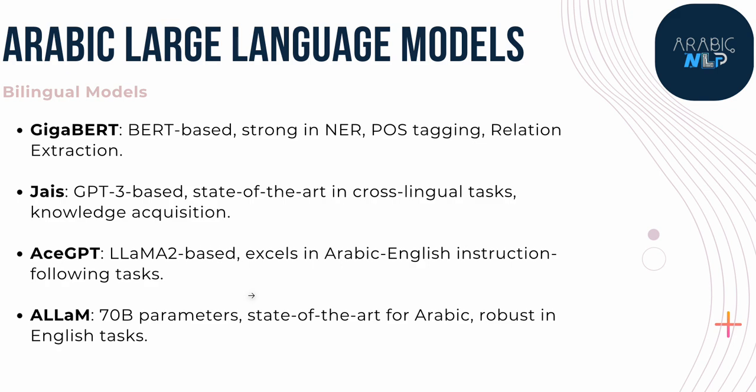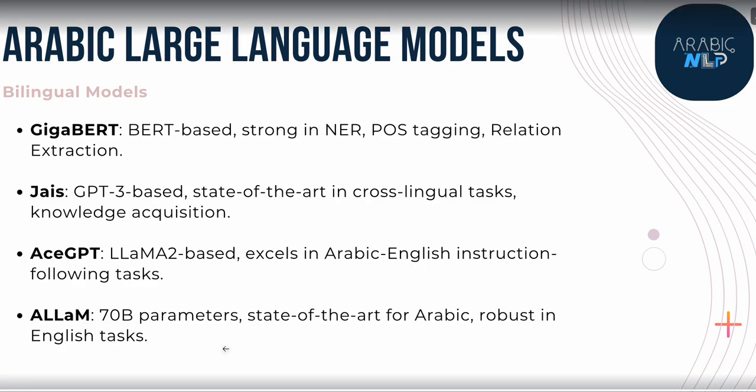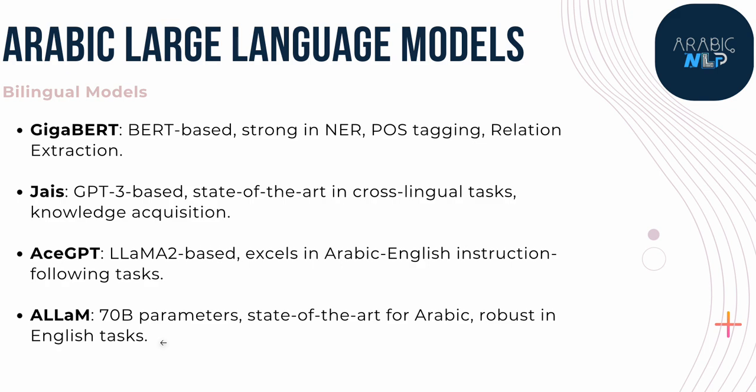And one of the most recent models is ALLaM, which is the state of the art for Arabic, developed by SDAIA here in Saudi Arabia. It's for English and Arabic, but it's doing great in Arabic. And they are just going to release many of these models as open source.